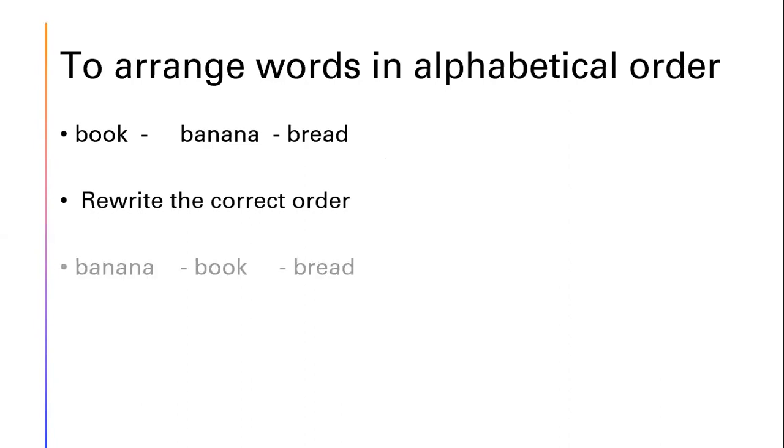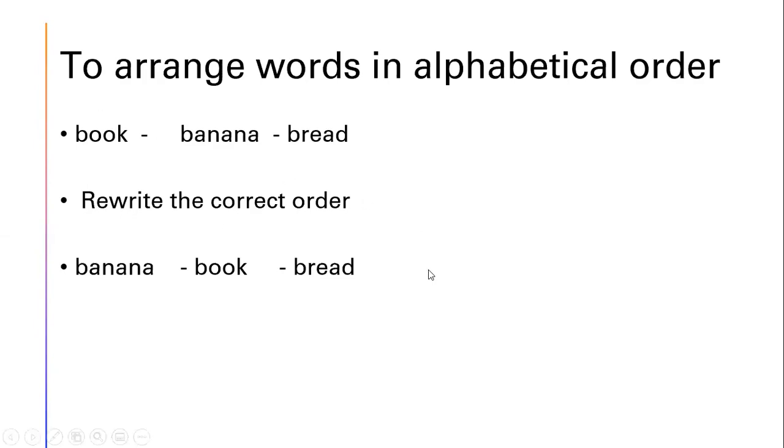Rewrite the correct order. First, banana, book, bread. How? Whenever any words start with the same letter, then we have to take up the second letter of the word, and then we have to take the correct order.